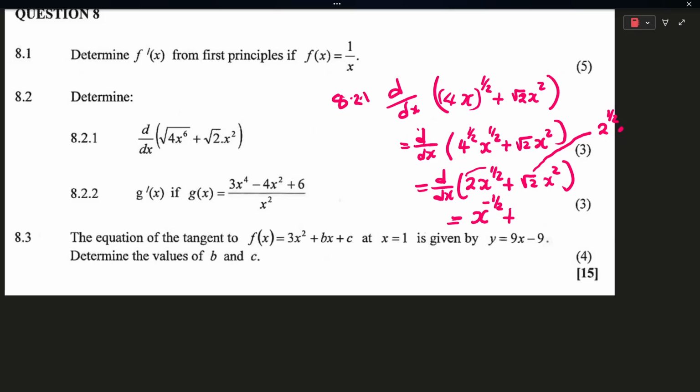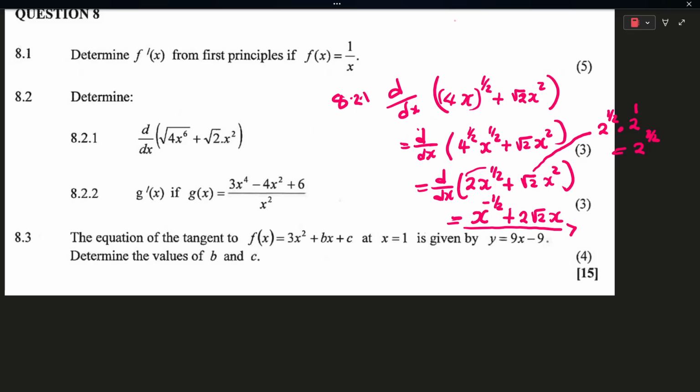Now, when you multiply 2 to the power of half times 2 to the power of 1, it's going to give you 2 to the power of 3 over 2. You see? And then you can even write it in this way and say 2 square root of 2x. You can even leave it like this. You're still going to get full marks because root 2 is the number. You get the point.